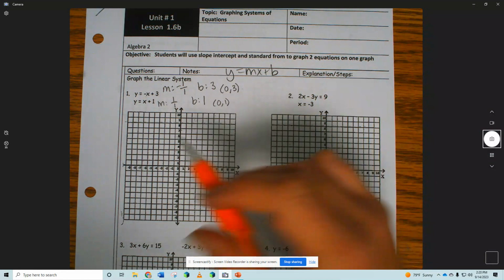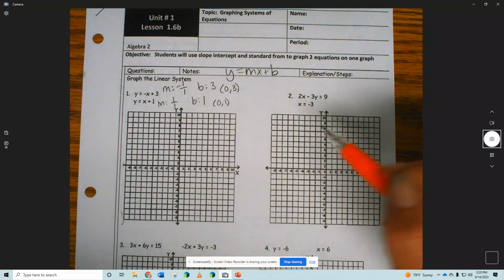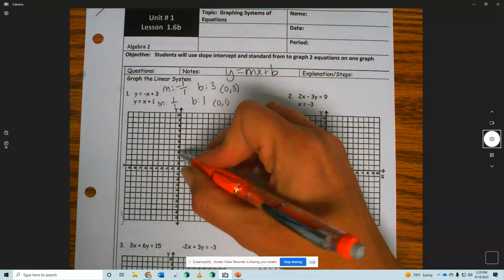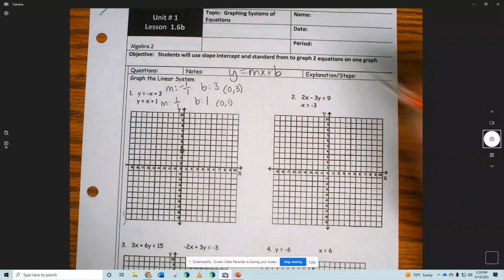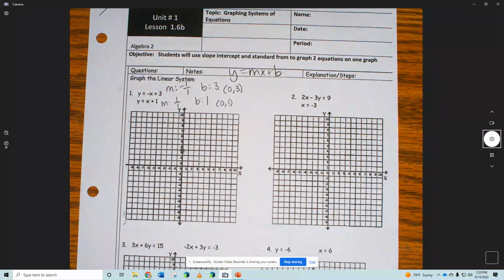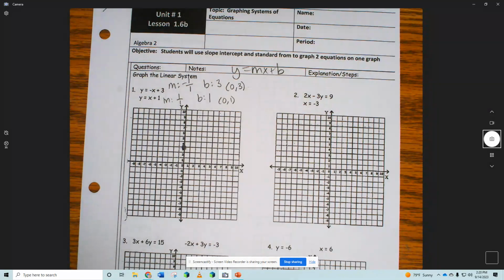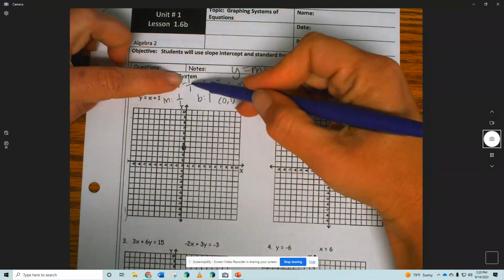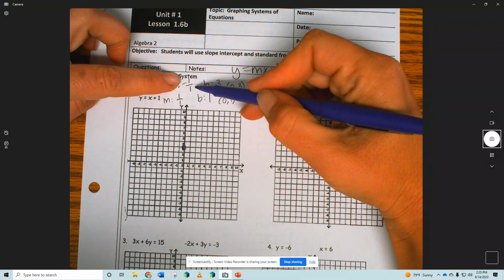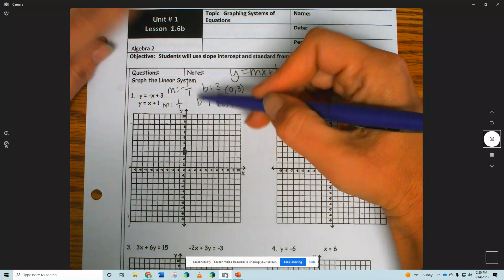All right. I'm going to do the top line. I'm going to begin at (0, 3). Maybe I should do colors. I'm going to slope negative 1, positive 1. Rise negative 1, run 1.